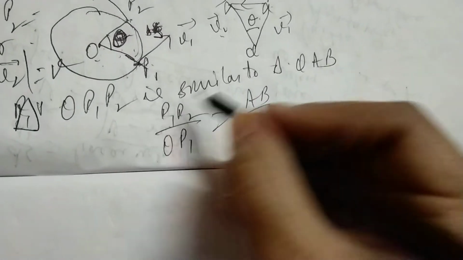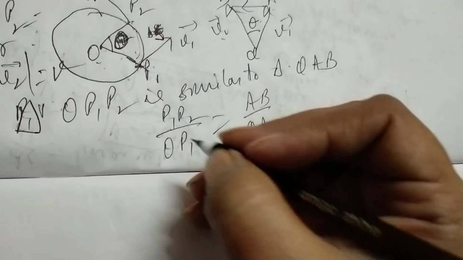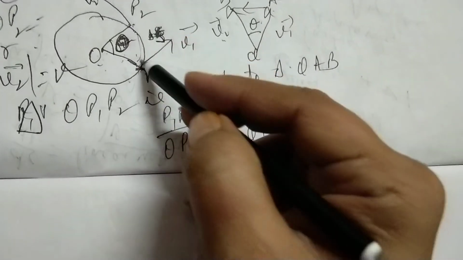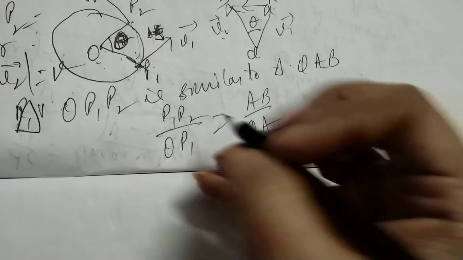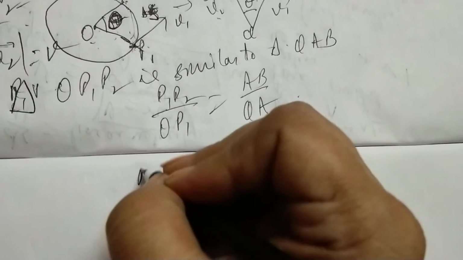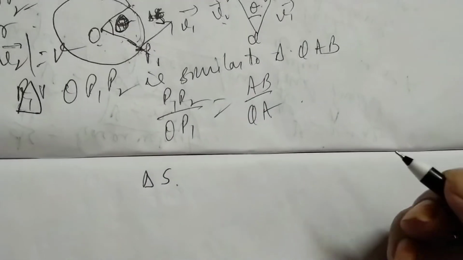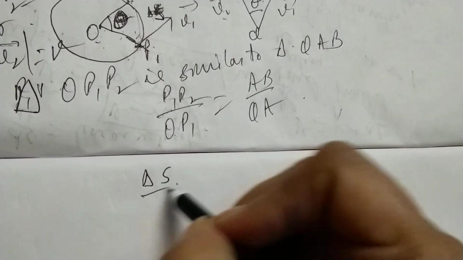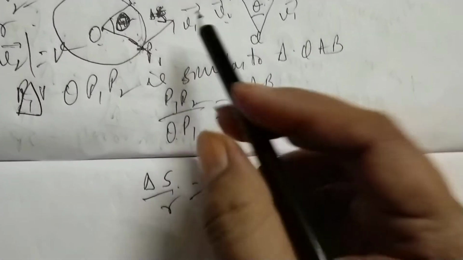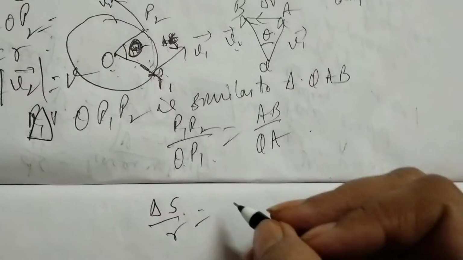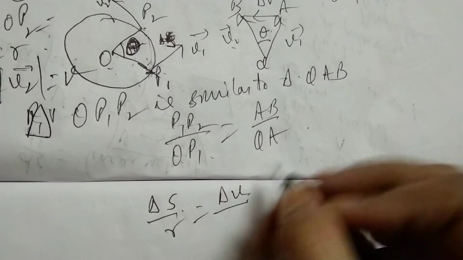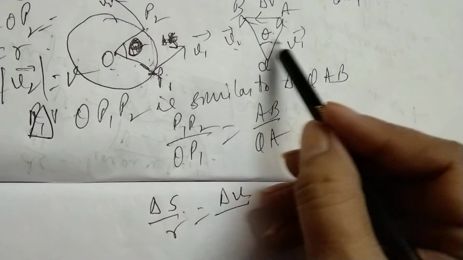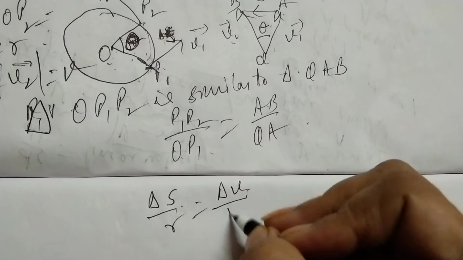P1P2 is the distance we took as delta S, and OP1 is the radius R. AB is delta V, and the magnitude of these two lines is the same, V.